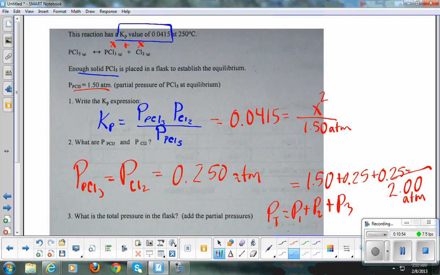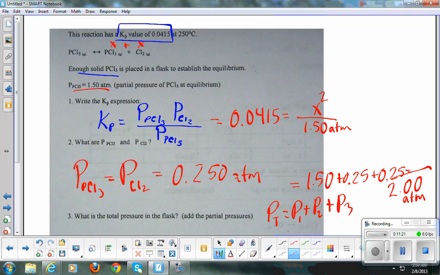Okay? And what fraction of PCl5 has dissociated? Yes, it's that simple. So 1/4 has dissociated. Okay, or 25%.